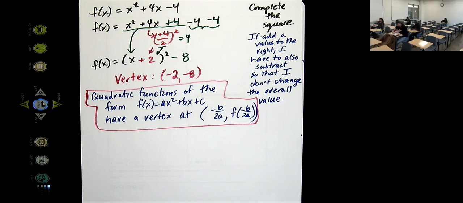So all you gotta do is find -b over 2a, that gives you your x value, and then you plug it in, and that gives you the y value.